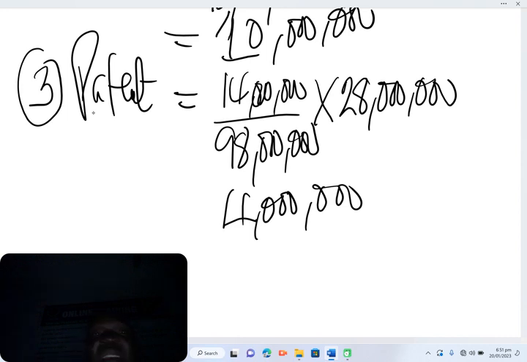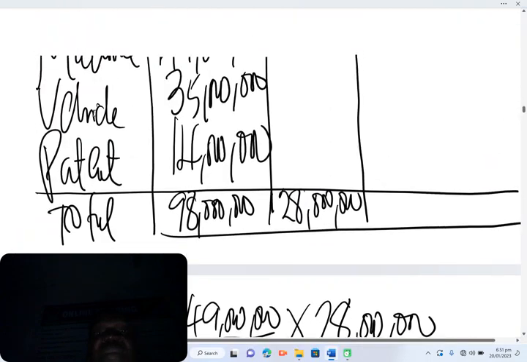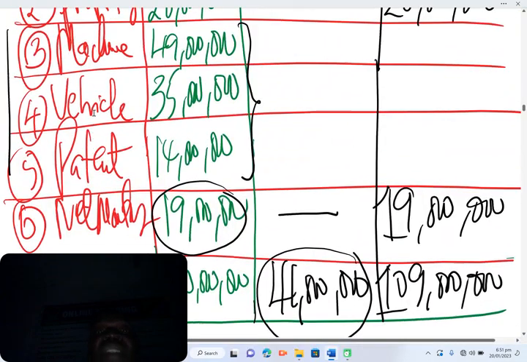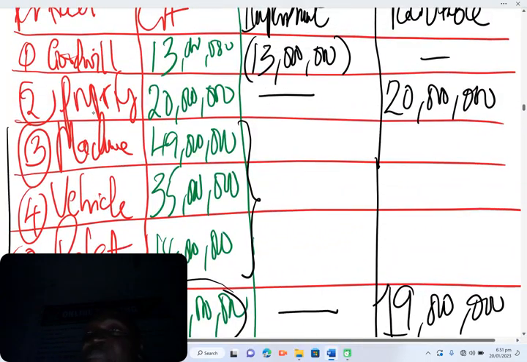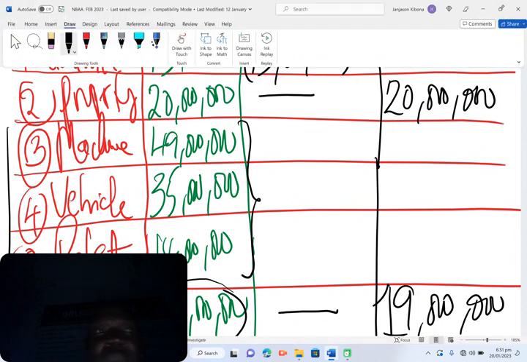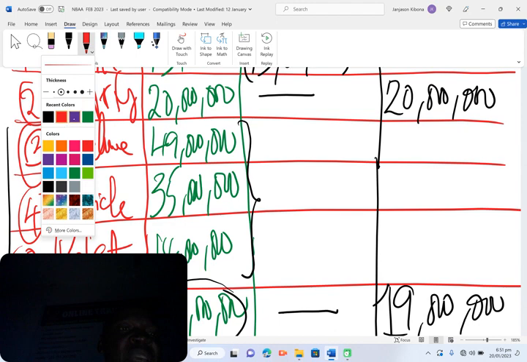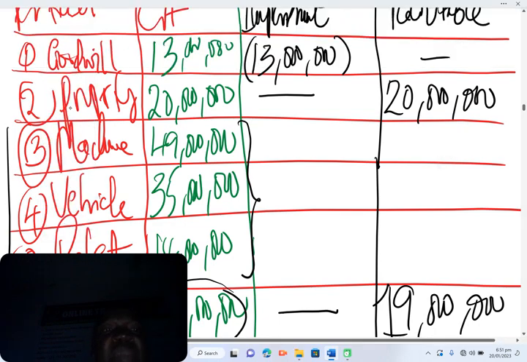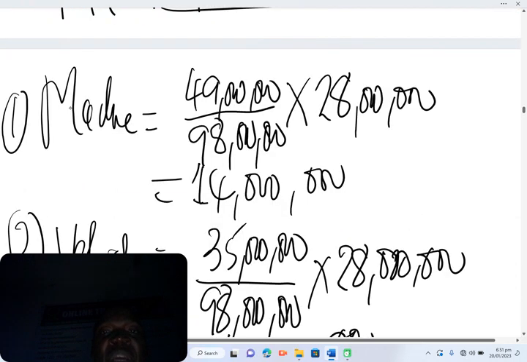Yeah. So what you can do, you just now put those impairments. We have said the impairment of the machine is 14 million.